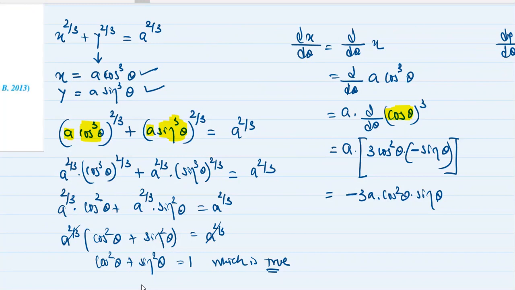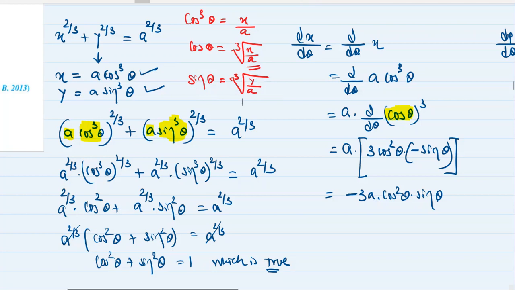Okay, so see, if x is equal to a cos cube theta, let me write it in red, this is rough work. Cos cube theta will be equal to x by a, and cos theta will be cube root of x by a, and similarly sine theta will be cube root of y by a.